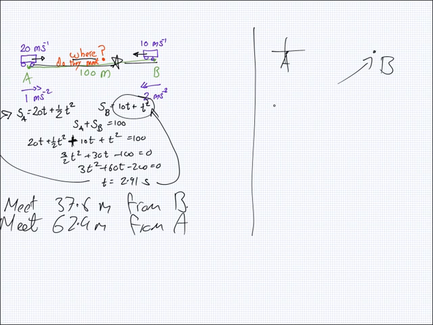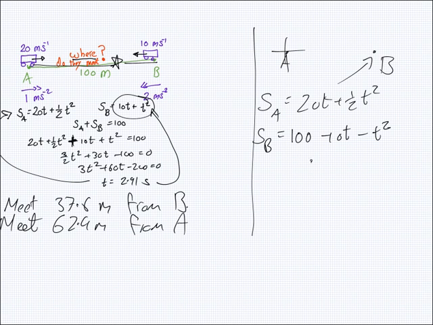You could say SA equals 20t plus a half t squared as normal, and then SB you'd have to add on 100: it'd be 100 minus 10t minus t squared. And then you wouldn't say SA plus SB equals 100. You would say SA equals SB. Yeah, that's fine, but you'll get the same answer. Did you write that down?